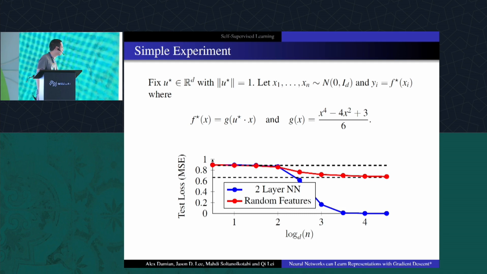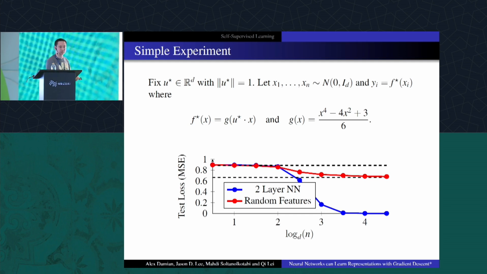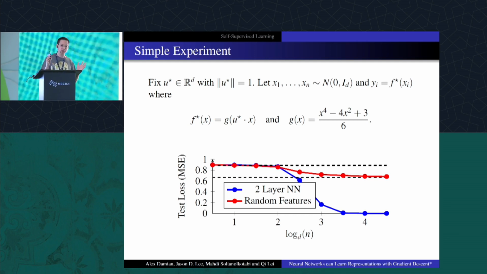So what's happening here? Essentially, for the kernel method, the sample size or the width was constrained to be roughly d squared. So it can only learn as well as a degree 2 polynomial. The relevant quantity here is to look at log base d of the width or sample size, the smaller of the two. And that's at best how well a kernel method can do.